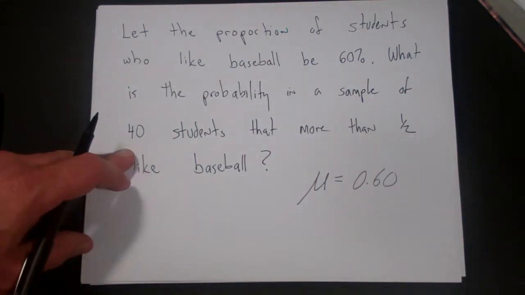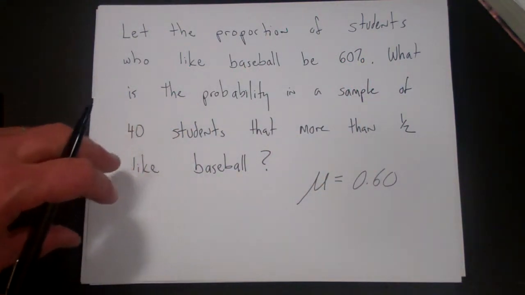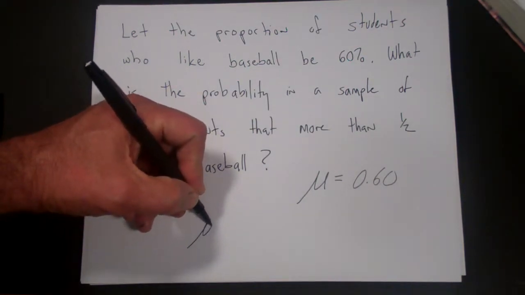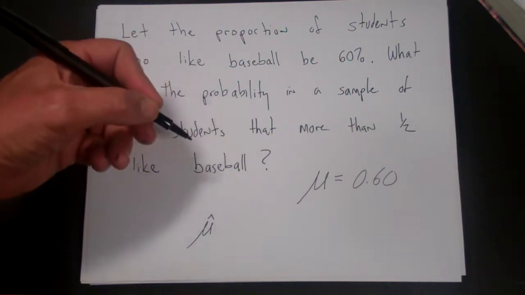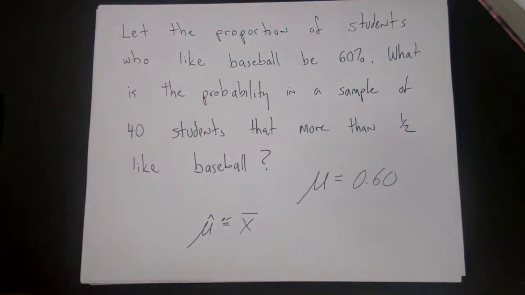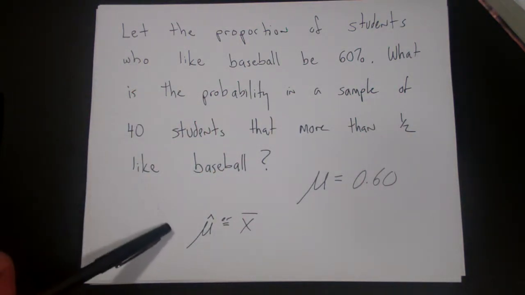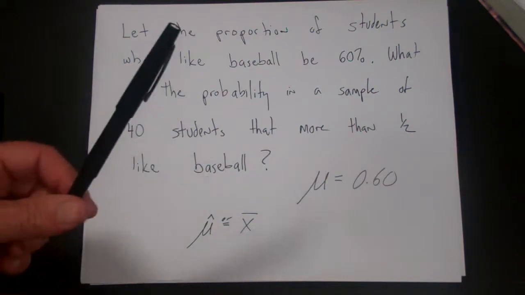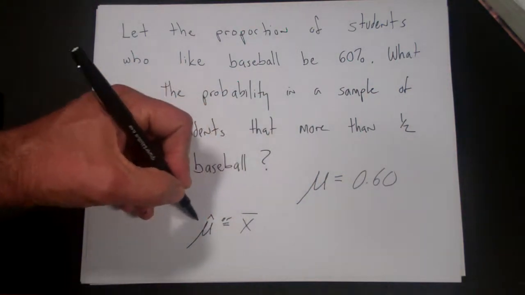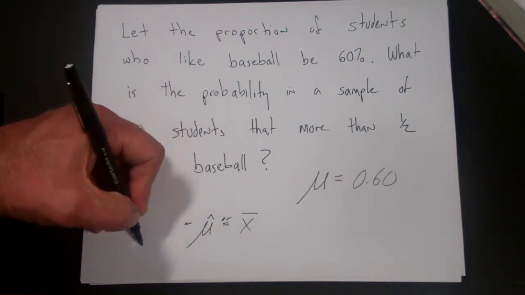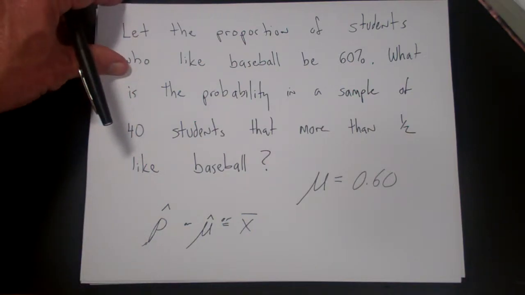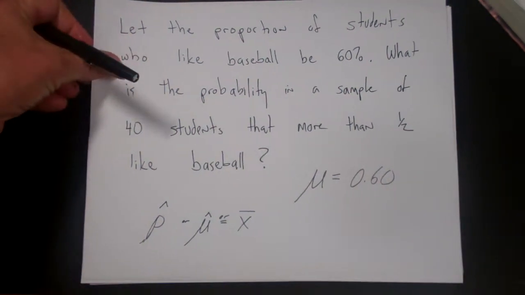The question is, if we take a given sample, what's the probability that p-hat, or another way to say that is x bar, you can use either one of these symbols, will be greater than 1/2? Sometimes they'll also use mu hat. You can use any of those symbols. So let's go ahead and look at that problem.